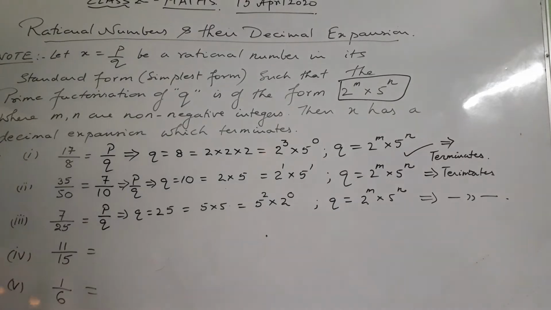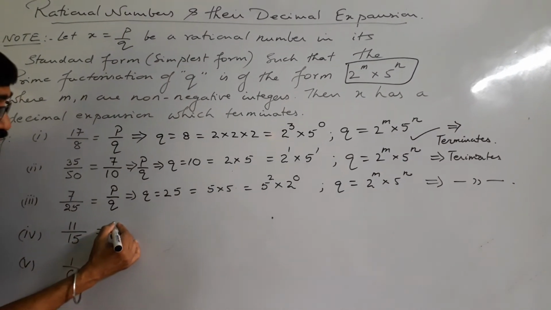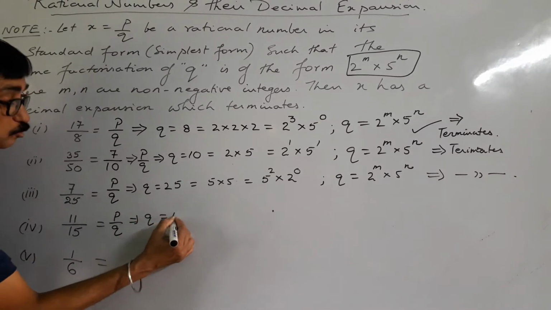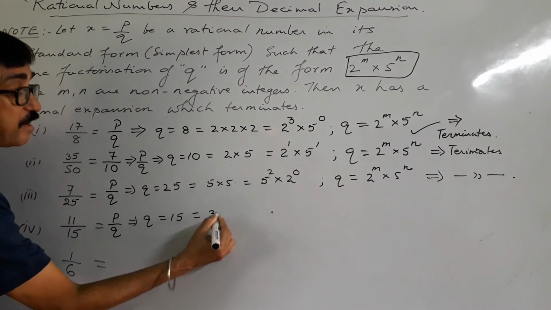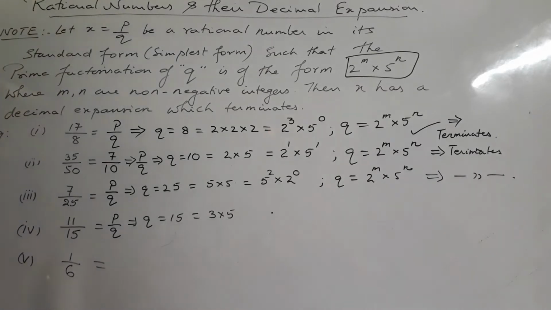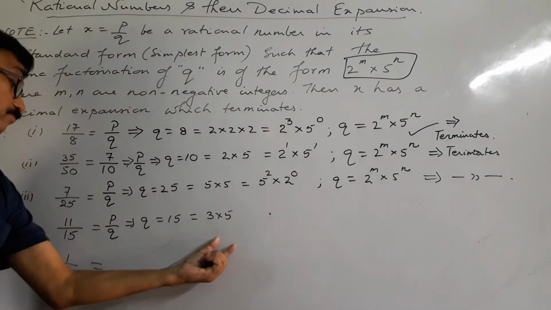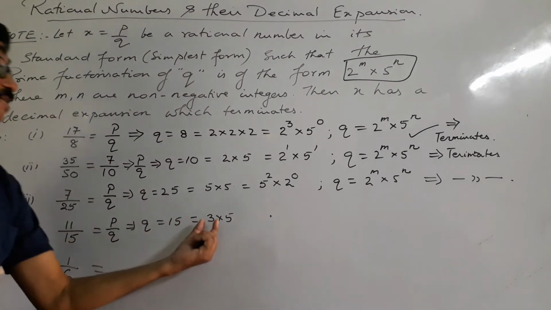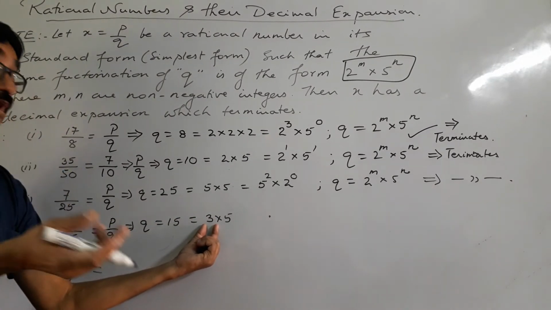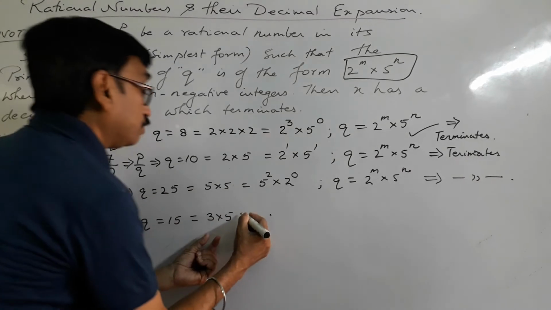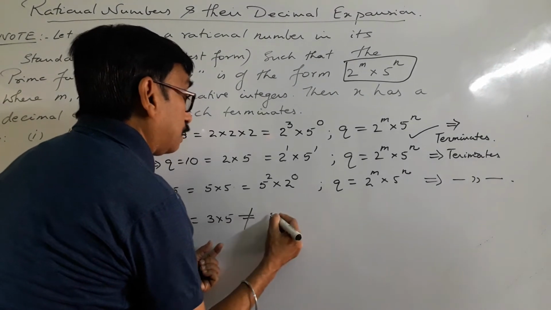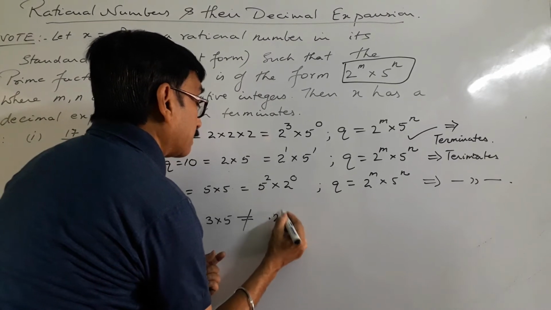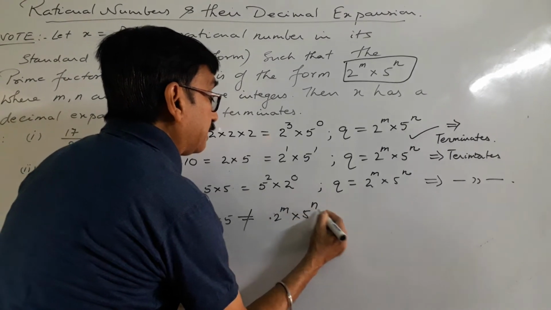Now the fourth example, 11 upon 15. It is in the standard form, and here our denominator q is 15, which has factors 3 into 5. 15 is divisible by 5, but it has a factor other than 2 and 5, which is 3. So it is not equal to the format of 2 to the power m into 5 to the power n.